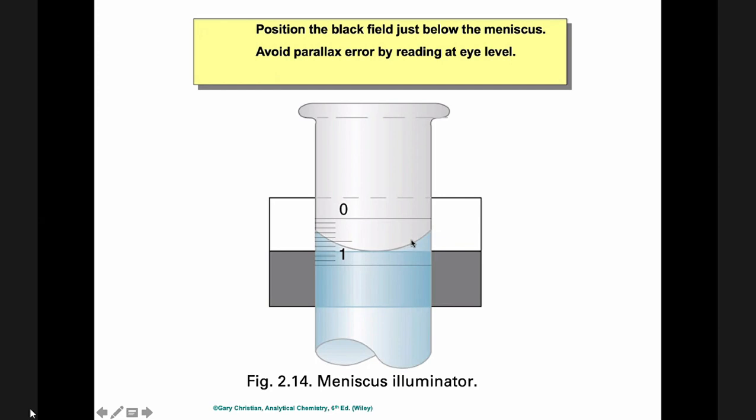And you should avoid parallax error. So you should read at eye level. So this is the meniscus illuminator.